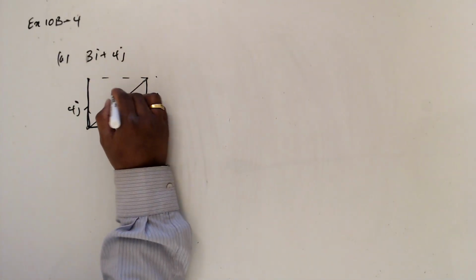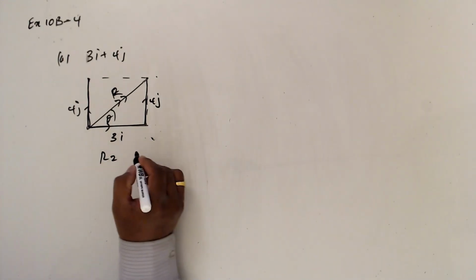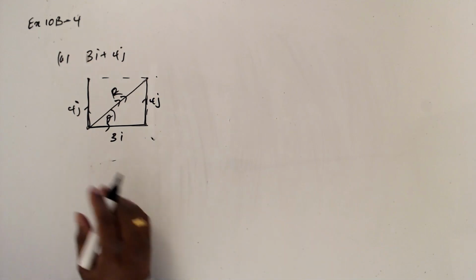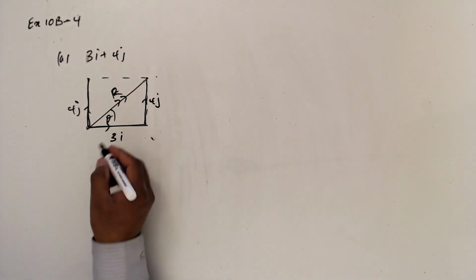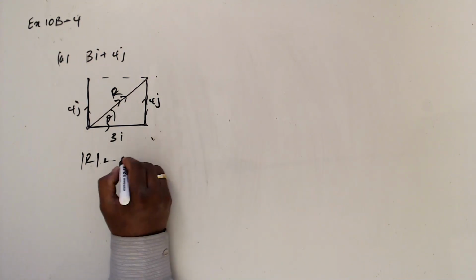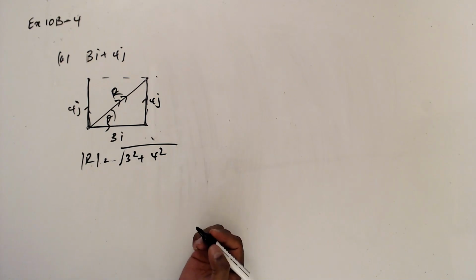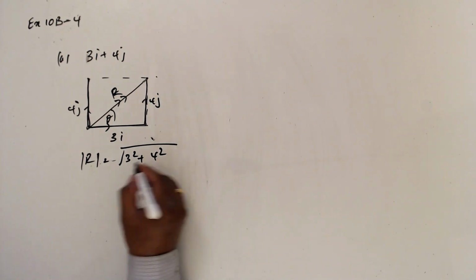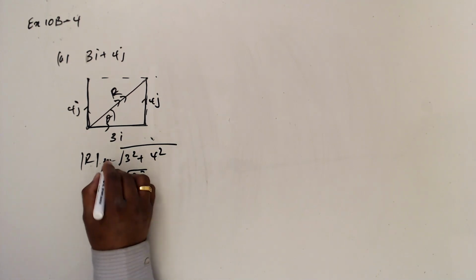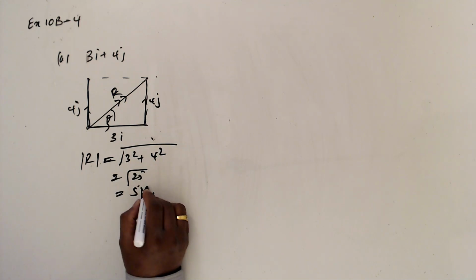Let's consider the resultant force is R. Mod R is the square root of 3 squared plus 4 squared. This is the magnitude, the square root of 25, equals 5 Newton.